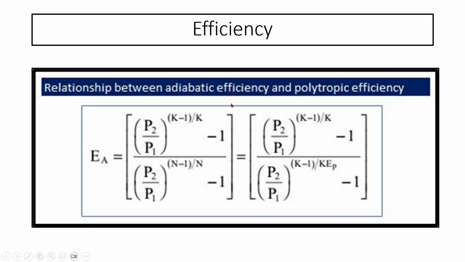So here we just simply convert it. This is the relationship between adiabatic efficiency and polytropic efficiency. So these are the relationships between isentropic or adiabatic and polytropic efficiency.